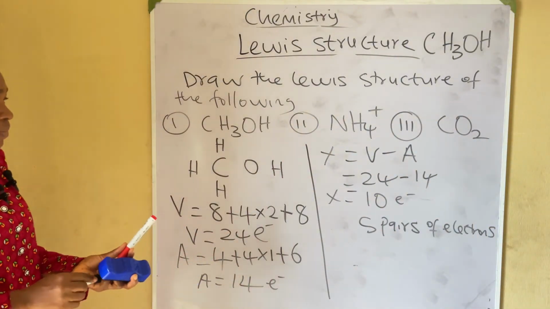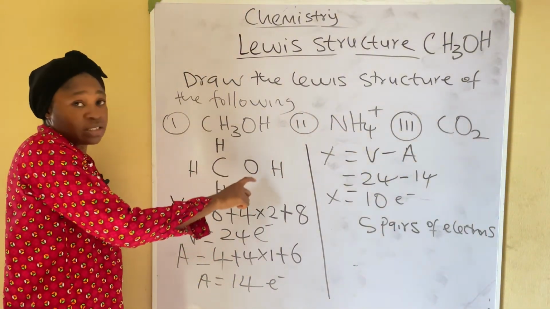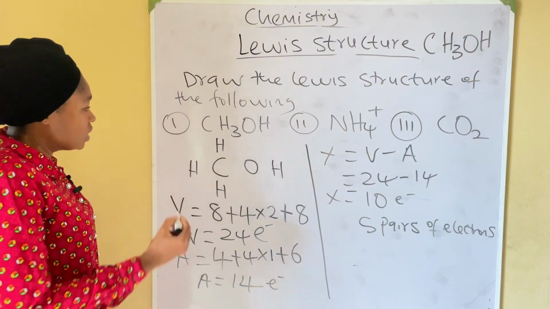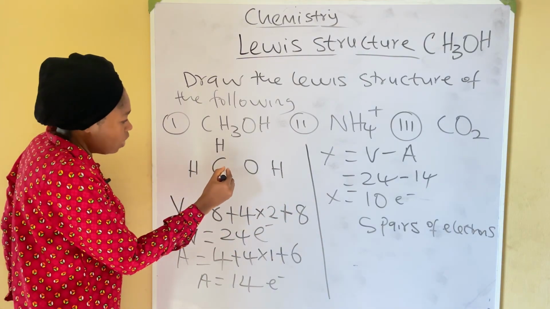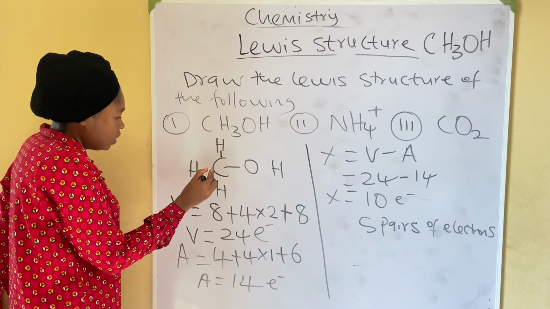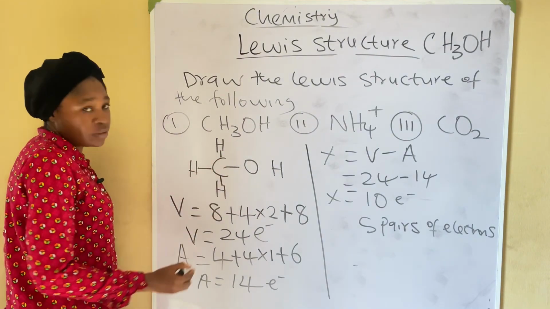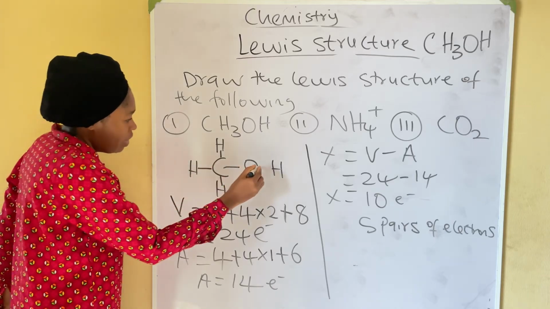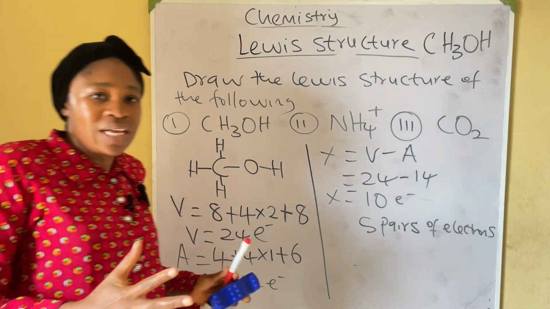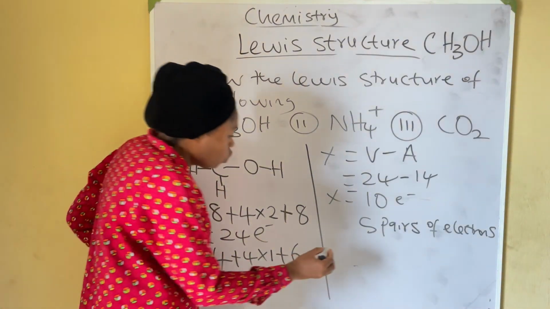So what it means is that this molecule is going to share what? 5 pairs of electrons. Okay, you start with the central atom. I place 1 here, place 1 here, carbon hydrogen, another one, carbon hydrogen. So 1, 2, 3, 4. So the remaining 1 will go here. So remember, when oxygen is bonded, single line means what? 2 electrons.